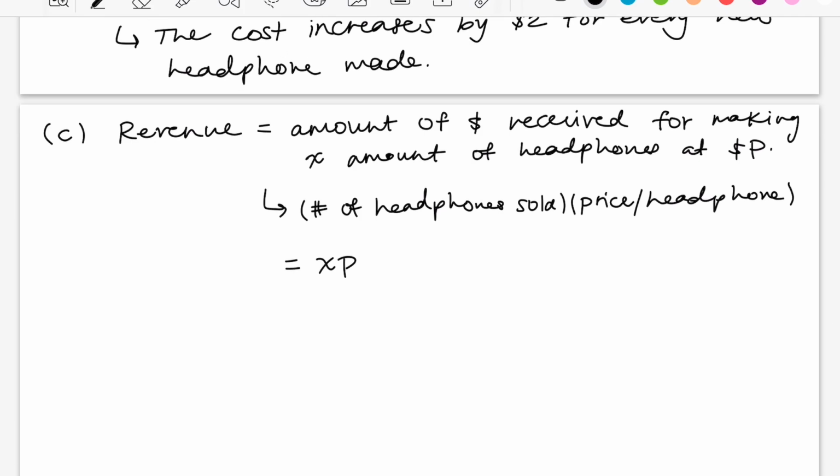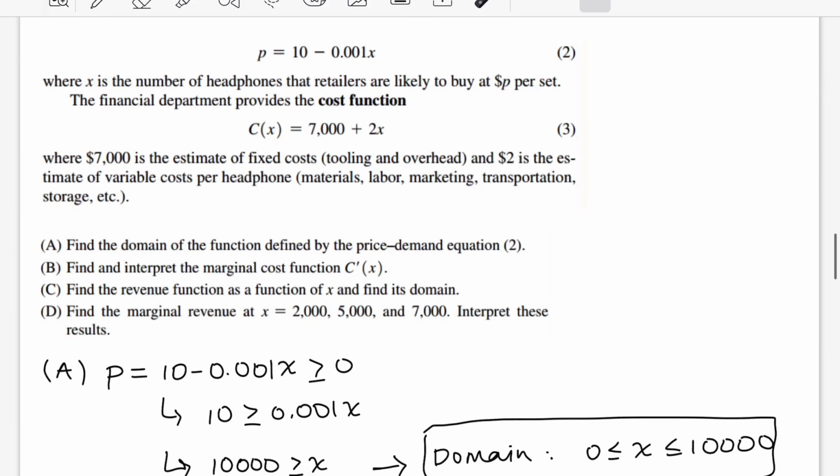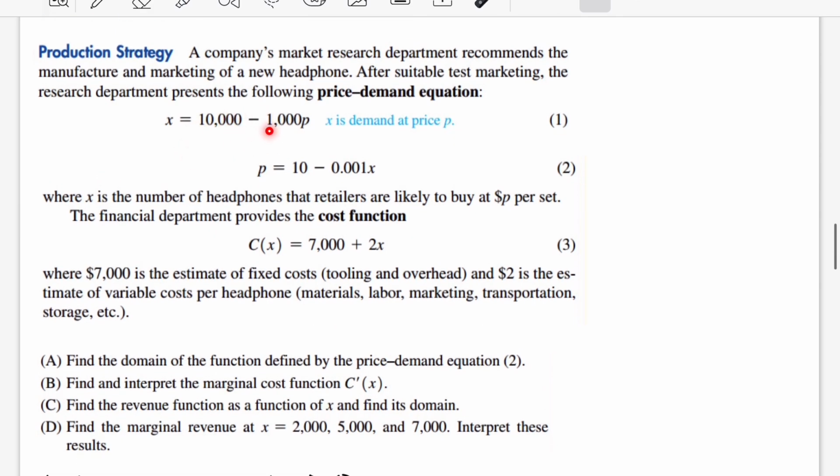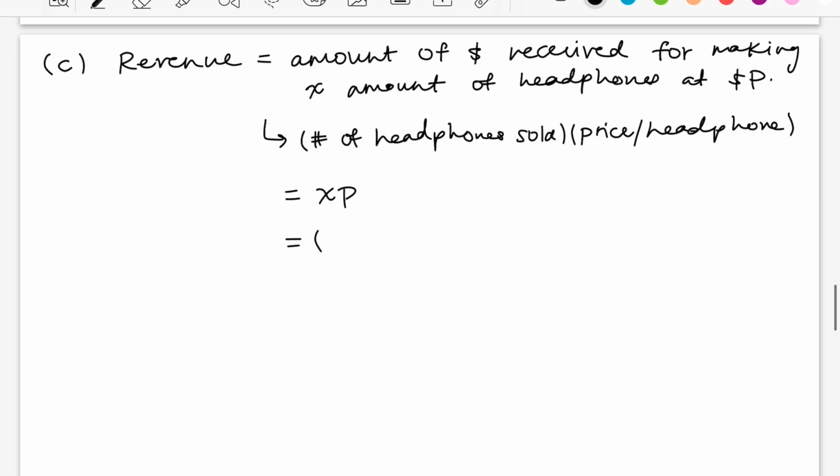Now, something to note here is that we do want to have just one variable, so we can plug in what we have for X. Our equation for X was 10,000 minus 1,000 times P. So we can write this as that times P, and this could be our revenue function.